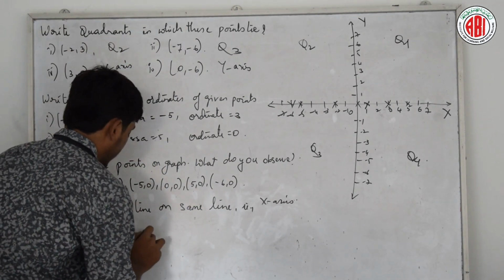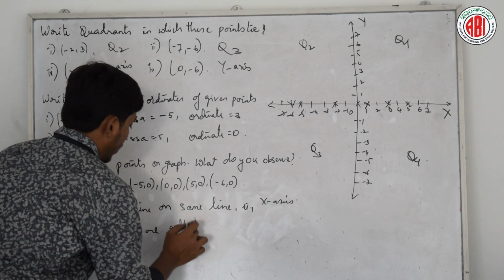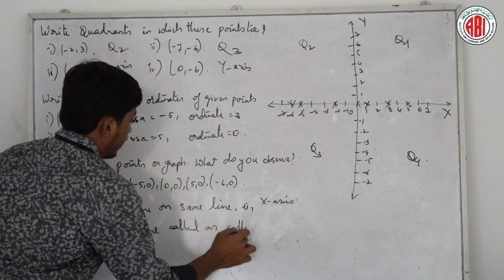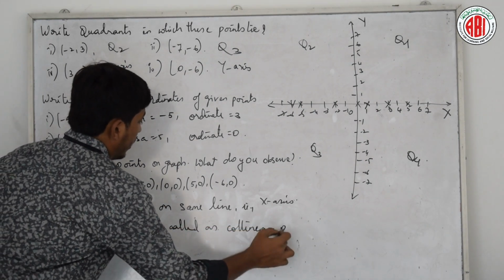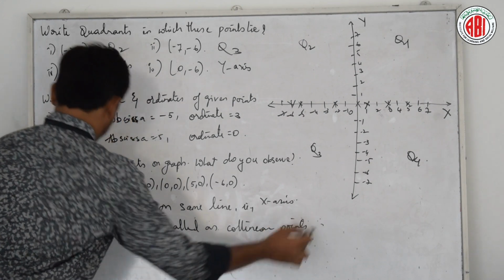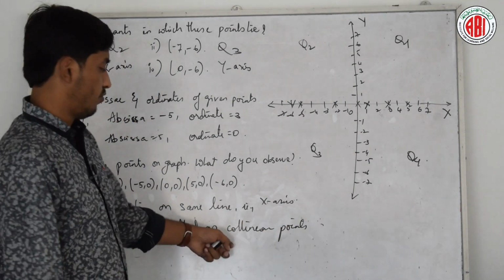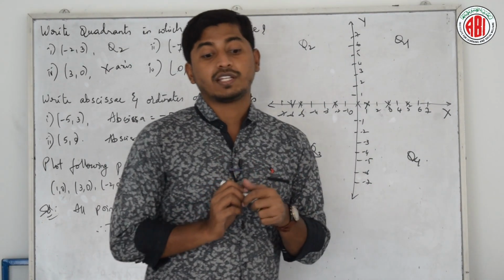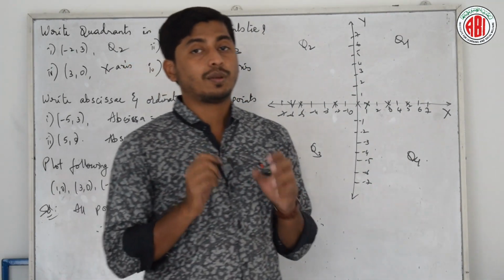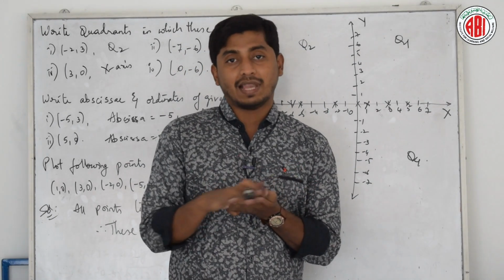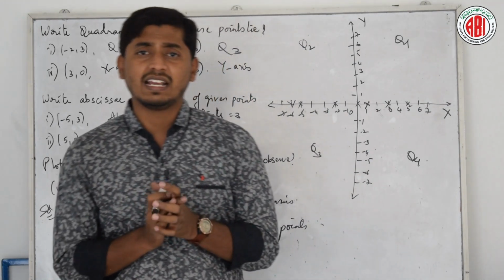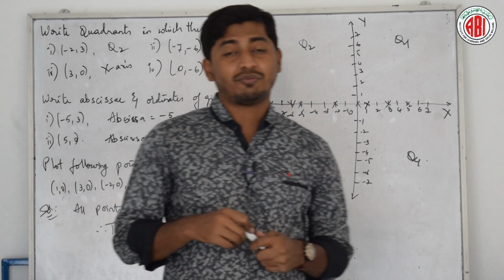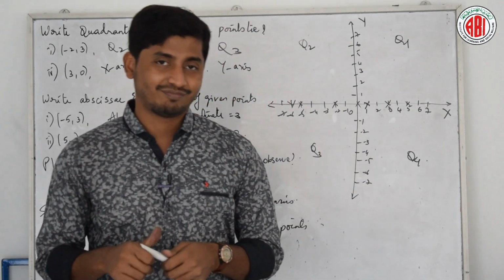Therefore these are called collinear points. Clear? This is a new word. Remember, these points are called collinear points. Why collinear? Because all points lie on the same line. Is it clear? Did you understand? Shall we move on to the next problem? Let's do.